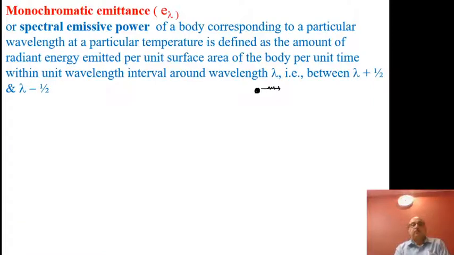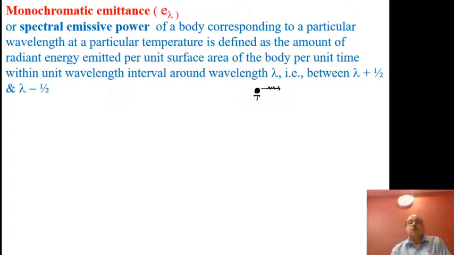So the object is radiating wavelengths from 0 to infinity. Now for a particular temperature, the temperature of the system is taken as T.